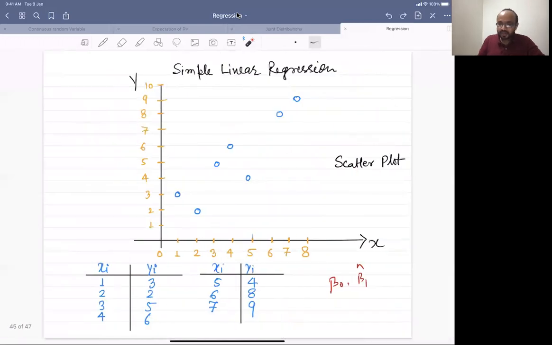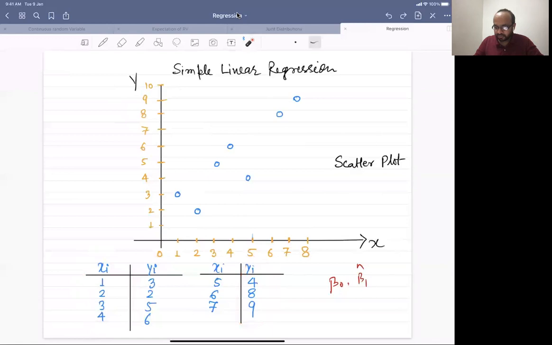Now, this is just an example I have taken from one book. This is a scatter plot, these are X values and Y values. These days, you can do regression on any software or programming language, Python or R. But here in this example, I'm just doing it by hand, and you can match these values with your book values, because in the book they have done it using R. These are our xi's, the independent variable, and yi's are the response variable.